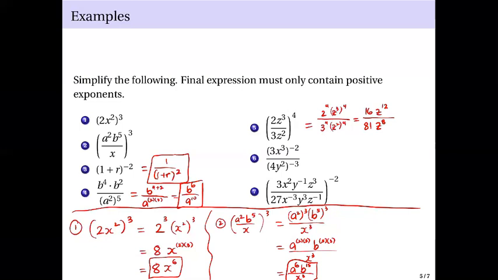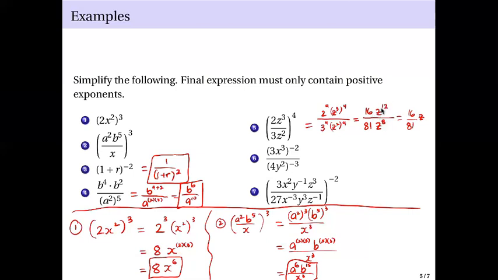Okay? Now, if you look at this, you have z to the 12 over z to the 8. Same base, one in the numerator, one in the denominator, so we do the subtraction of the exponents. Let's separate the number 16 over 81, and then you will have z. Let me just raise it as if it's in the numerator.